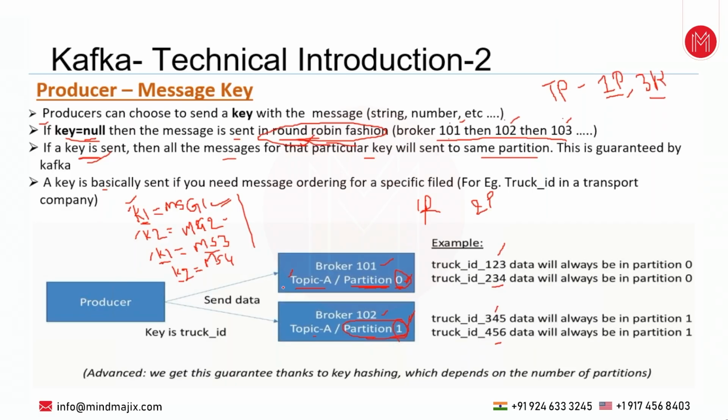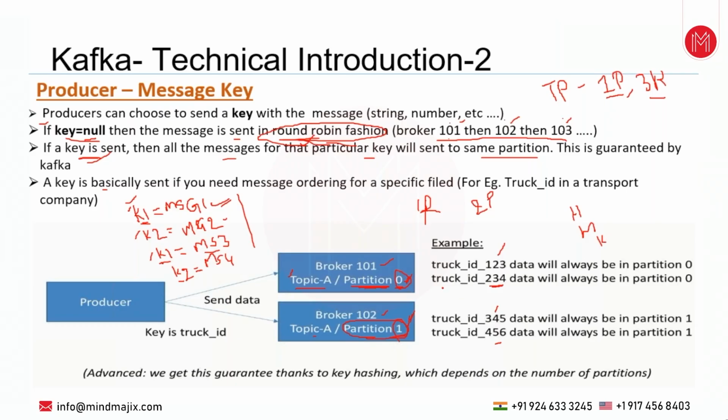You are sitting in your office and you want to track the status of your trucks, for example the location of truck ID 234. Today it is in Hyderabad, tomorrow it is in Mumbai, the day after tomorrow it is in Kolkata. So it is rotating.